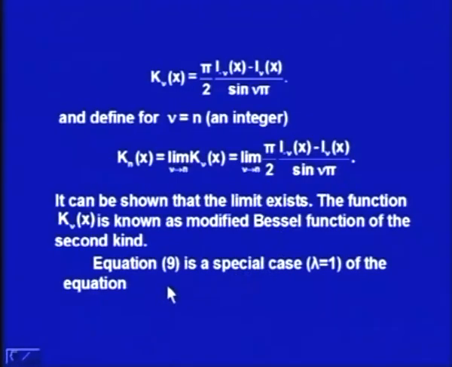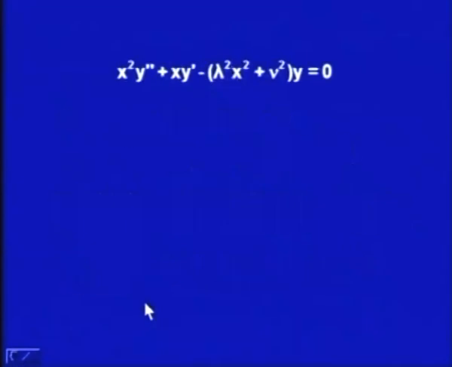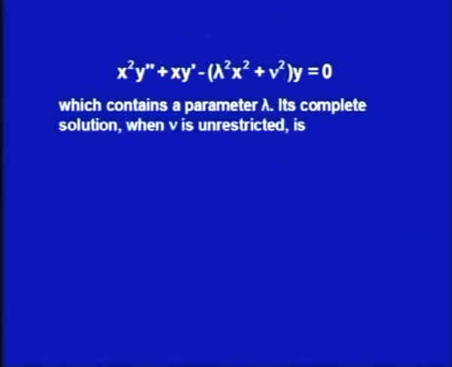Now, equation 9 is a special case of the following equation. If you put lambda equal to 1 in this equation, x square y double dash plus x y dash minus (lambda square x square plus nu square) y equal to 0 reduces to x square y double dash plus x y dash minus (x square plus nu square) y equal to 0, which contains a parameter lambda.